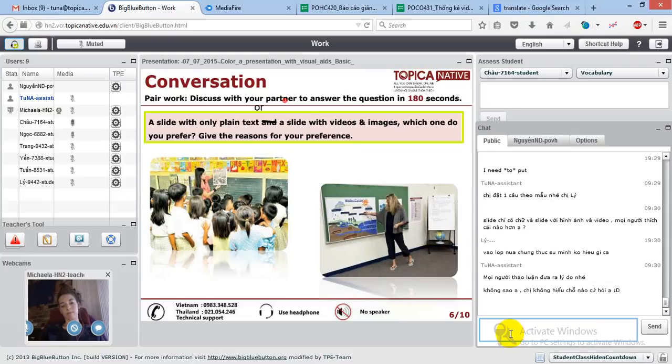If we make a presentation for children, we should use images and video because it is more attractive for children.